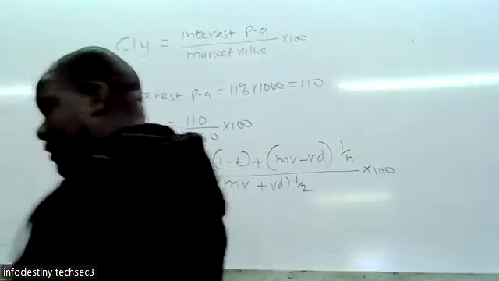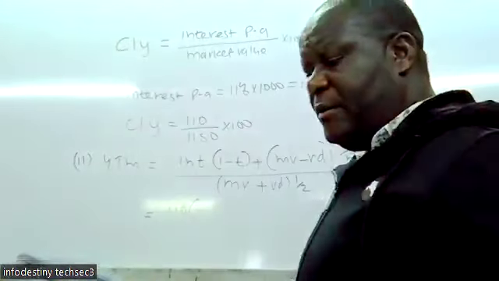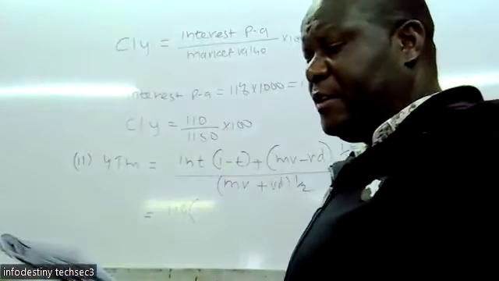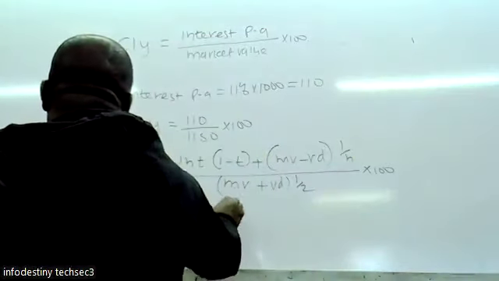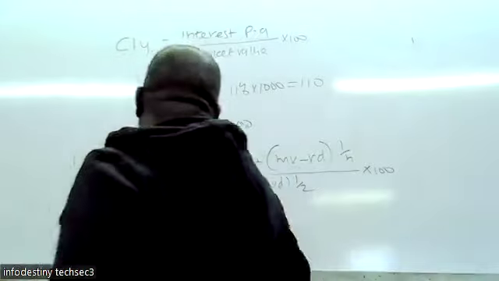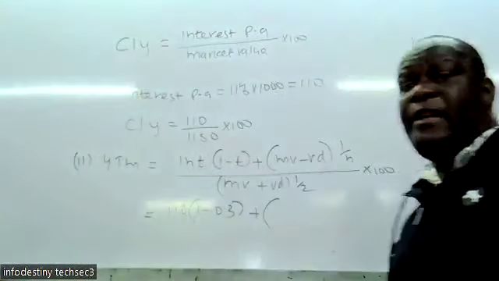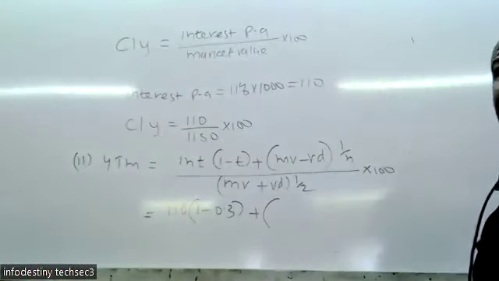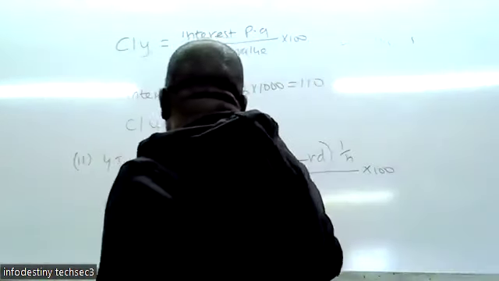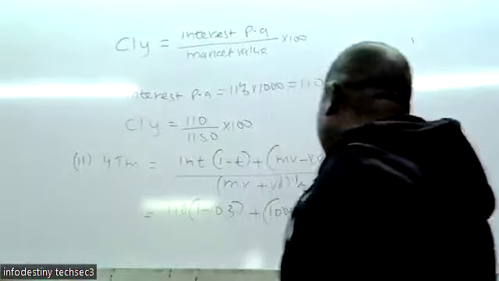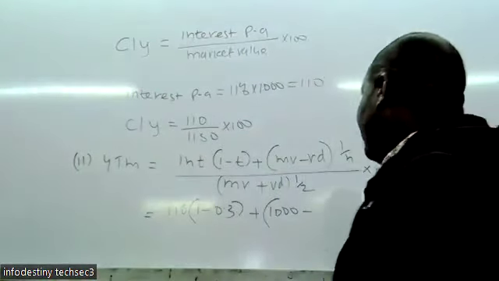Therefore, we calculate it. This time the question gave you the tax rate. You can see the tax rate, 30%. Maturity value, unless otherwise stated, is the same as what? The par value. And that par value is how much? 1,000. So subtract the current value for the debenture.